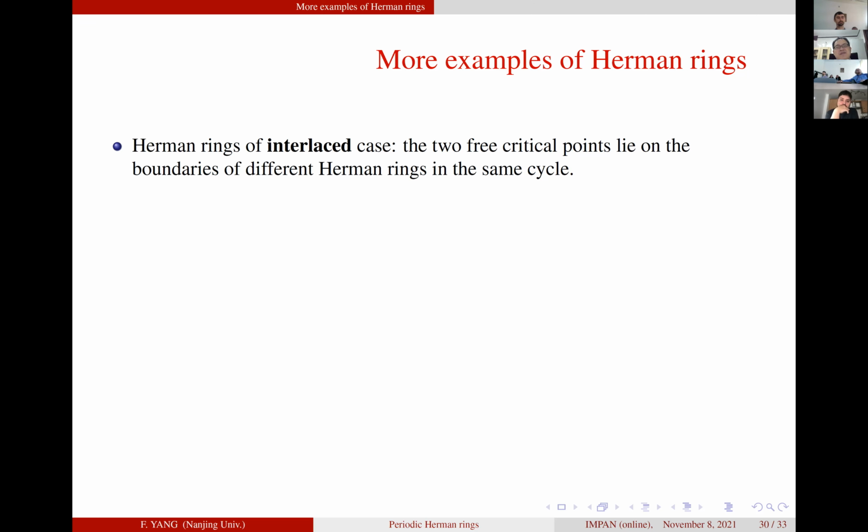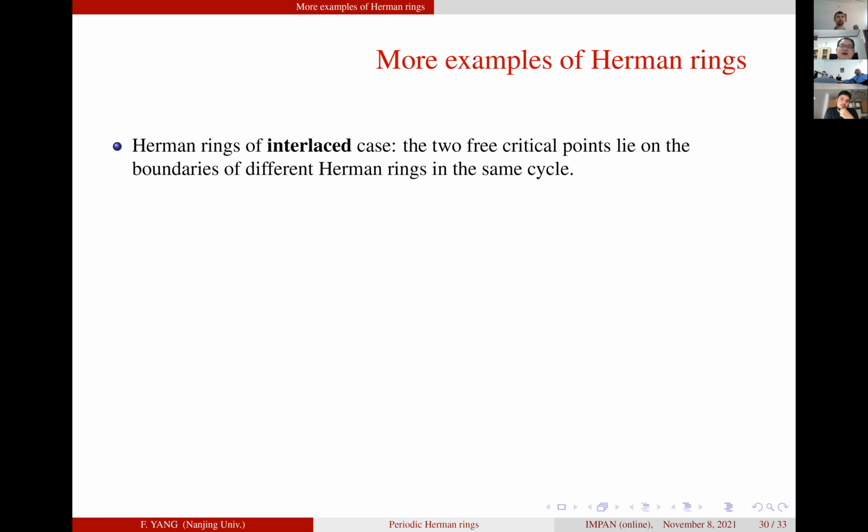period 2, A1 and A2. Then in the previous examples, if the rotation number is bounded type, then the two critical points lie on the boundary of the same Herman ring.